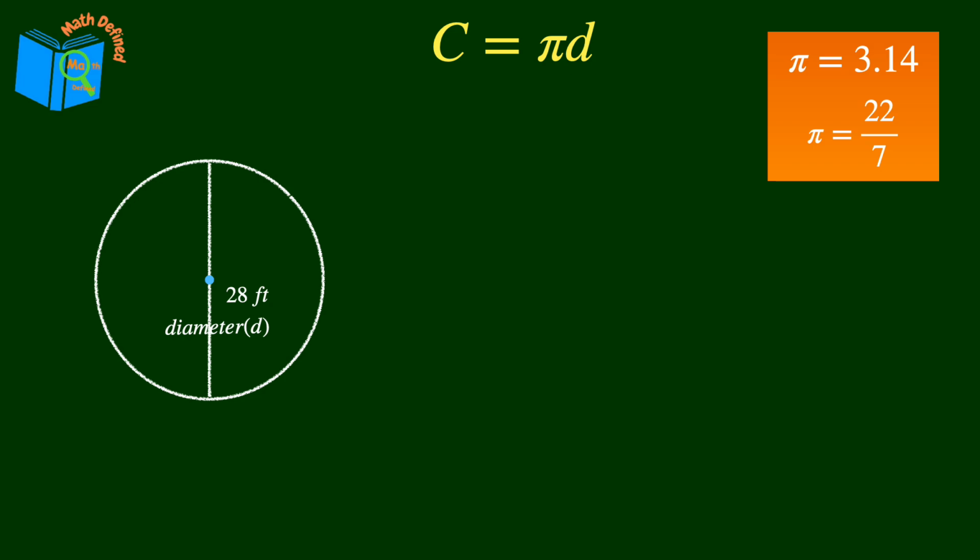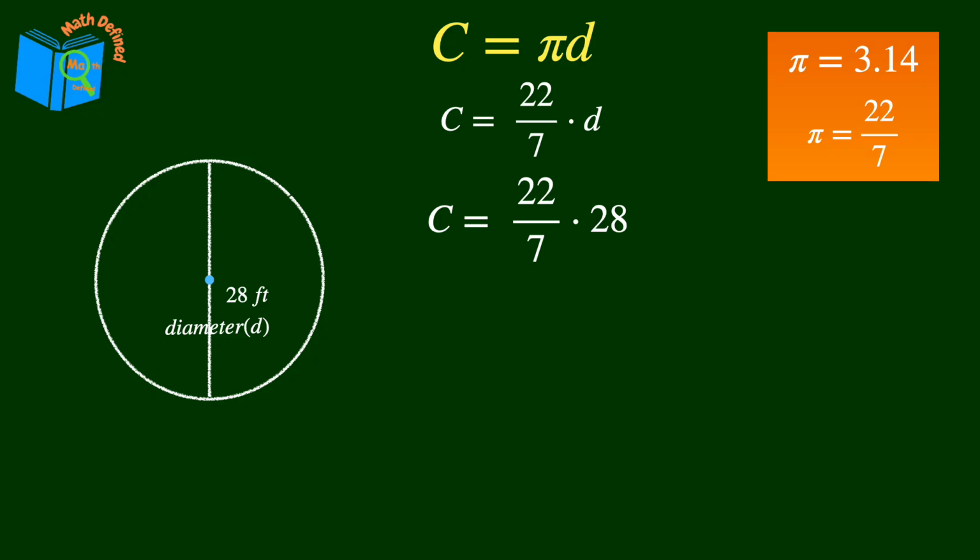This circle has a diameter of 28 feet. Since 28 is a multiple of 7, I'm going to use the fraction 22/7 for pi this time. Don't roll your eyes. I want to show you how easy this can be. Using our formula, we have circumference equals pi, 22/7, times 28.